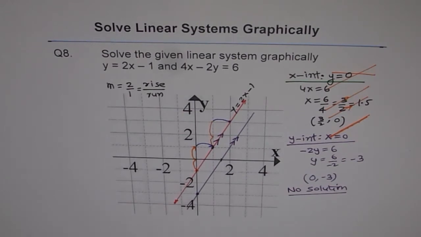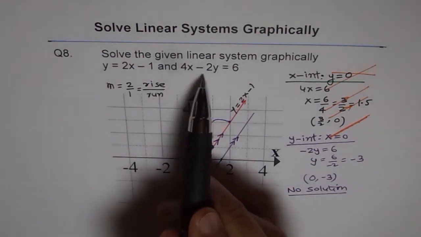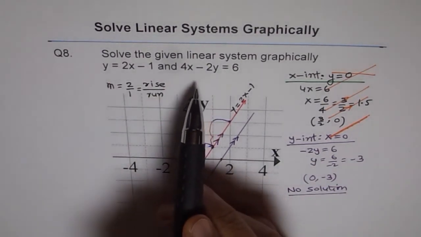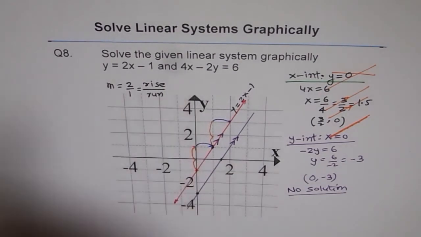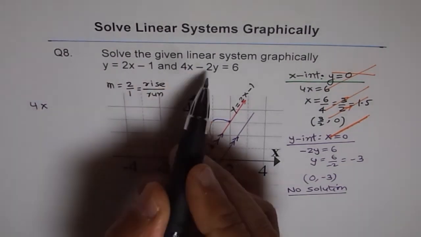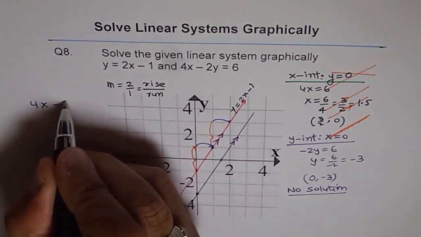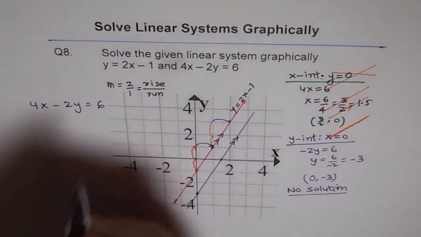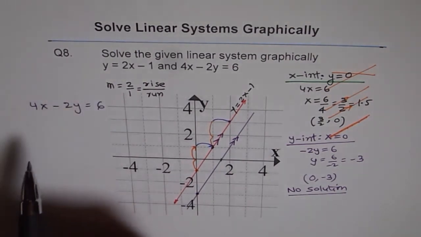But how could you show that? Well, graphically we have seen it is so. Algebraically, let me write down this equation in slope-intercept form and then see what exactly it is. So let's reorganize, rather isolate y. Slope-intercept form is basically isolating y.